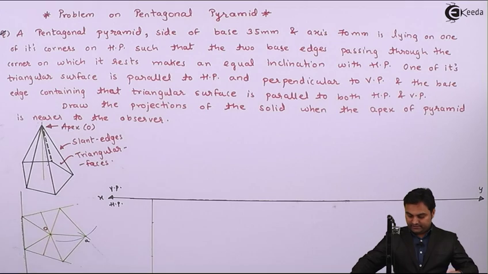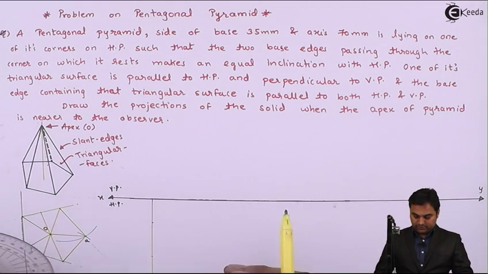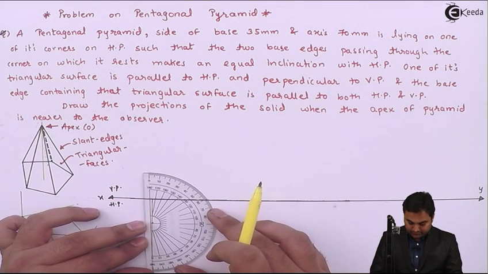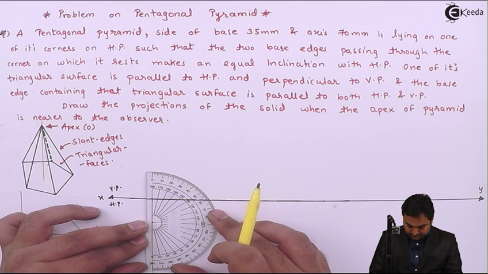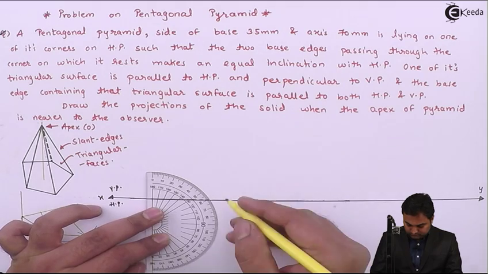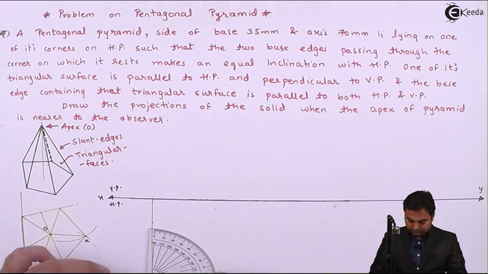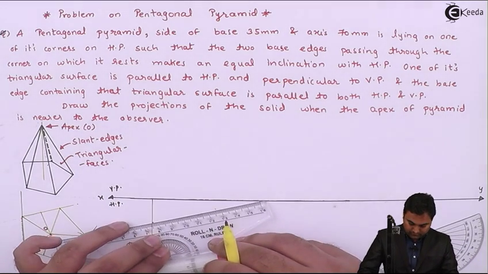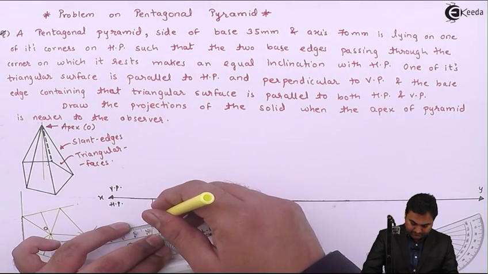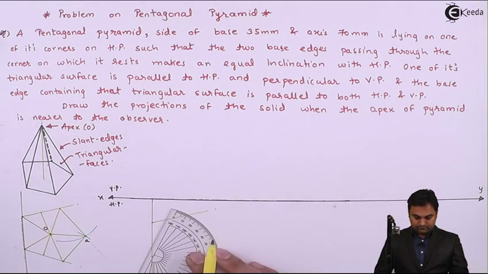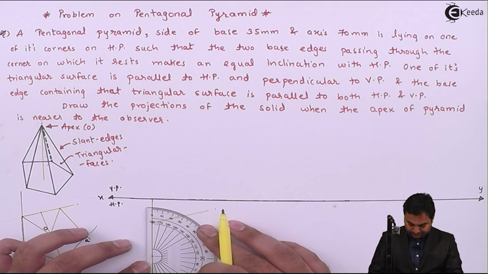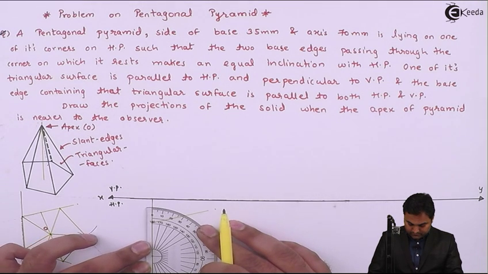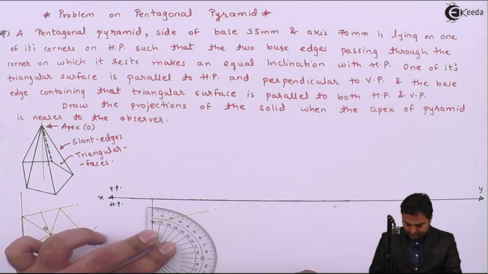Drawing 72-degree line from both the points because the edges are inclined at 72 degree. Joining it with the help of a light line. Similarly 72 degree onto the other side.